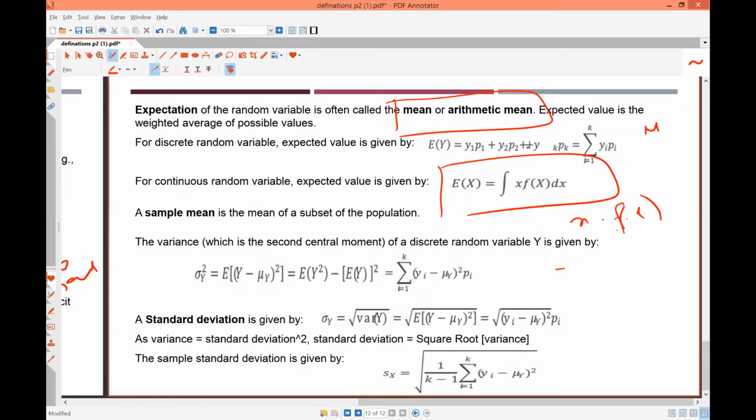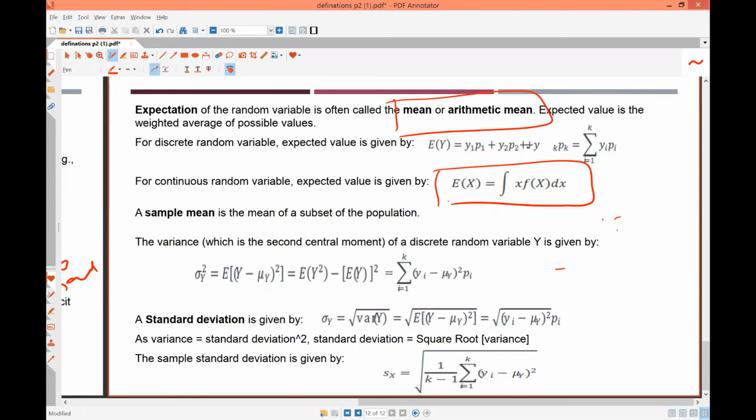We'll discuss this later. For calculating the mean of a discrete random variable, you simply multiply each probability with its outcome and add them up to get the mean. For a continuous random variable, we use the integration formula.